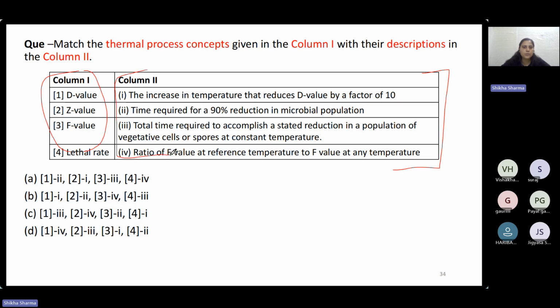In column 2, we have the descriptions: the increase in temperature that reduces D value by a factor of 10; time required for 20% reduction in microbial population; the total time required to reach a certain level of reduction in the population of vegetative cells or spores at constant temperature; and the ratio of F value at reference temperature to F value at any temperature. Which one is the correct match? What is D value, Z value, F value, and rate?